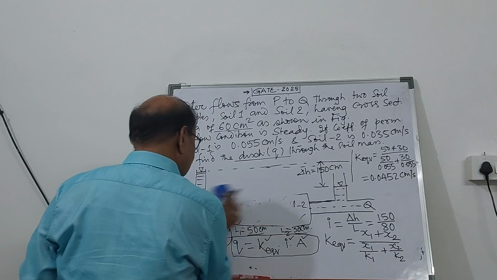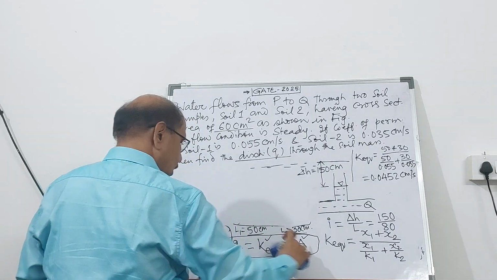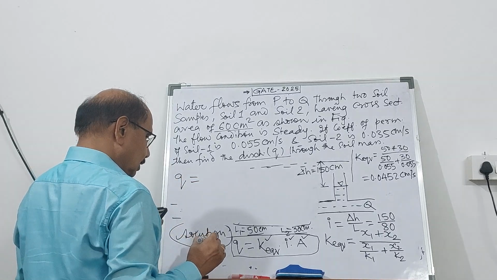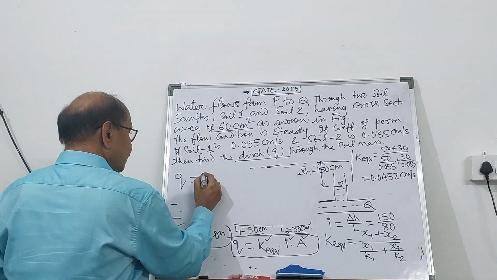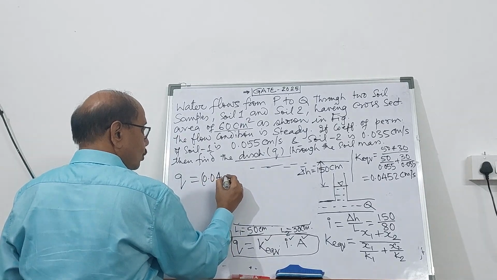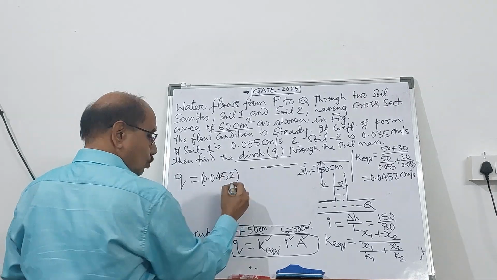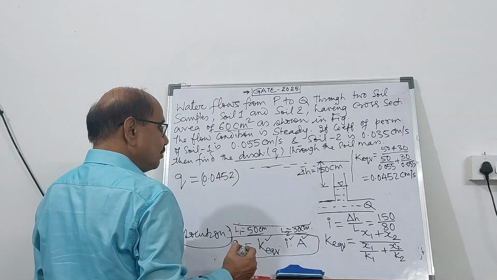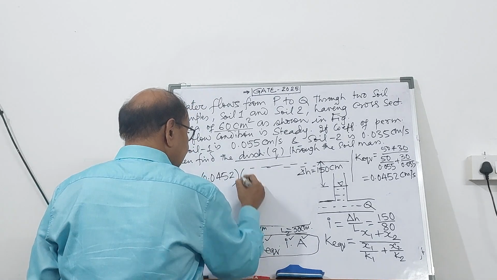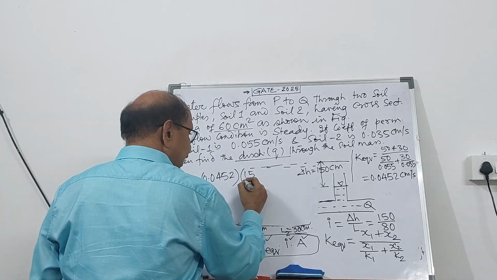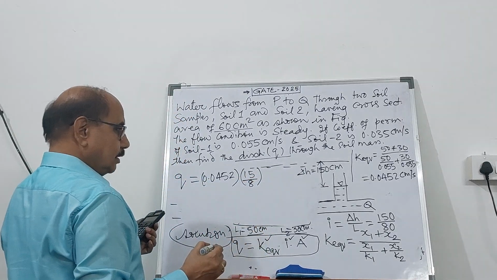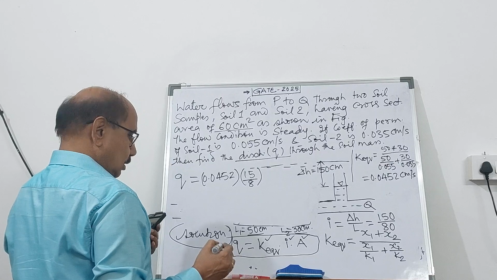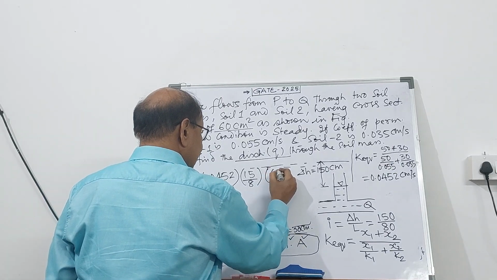So the rate of discharge Q equals K equivalent, that is 0.0452, multiplied by the hydraulic gradient that has been already calculated as 150 by 80, so 15 by 8, and the cross-sectional area is 60 cm square.